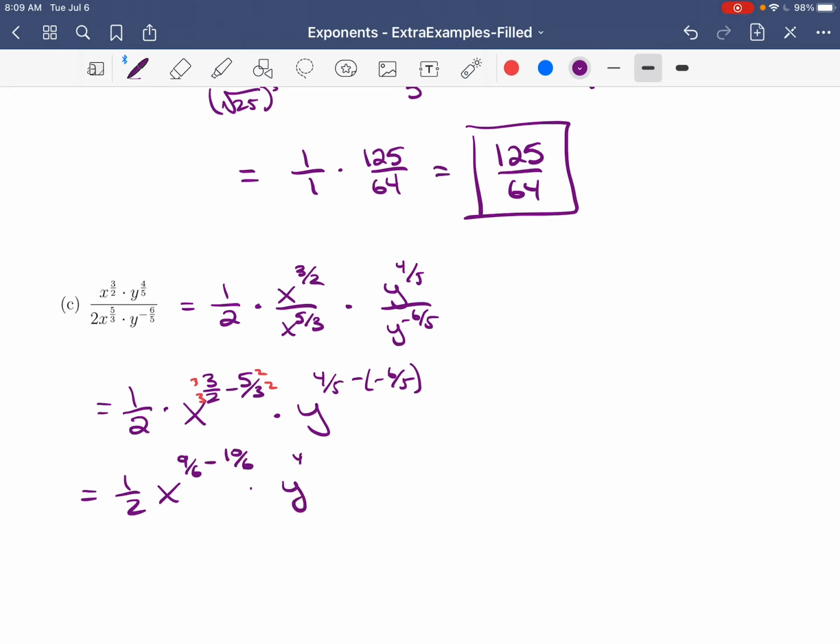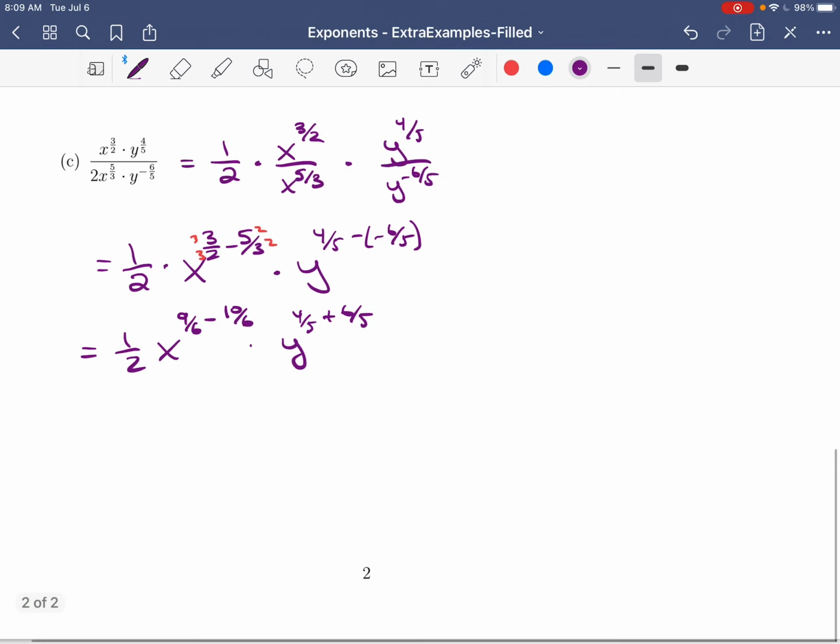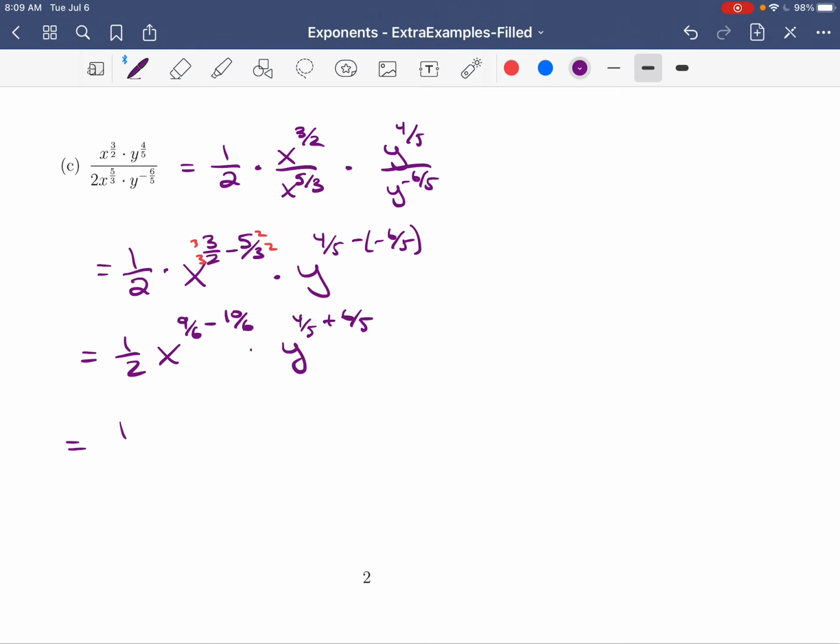And then for the y's, I have 4 over 5 plus 6 over 5. So if I do that subtraction now, because I have a common denominator, it's going to be x to the negative 1 over 6 and y to the 10 over 5, which is actually 2. Okay, so I get 1/2 x to the negative 1 over 6 times y squared.